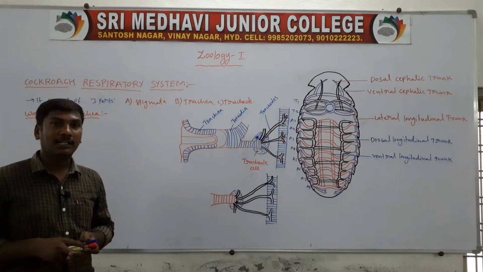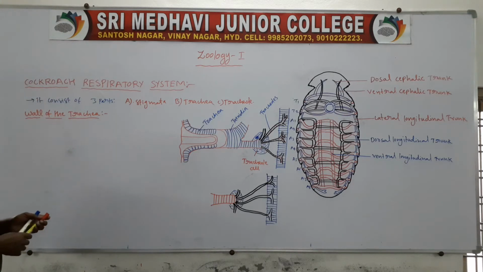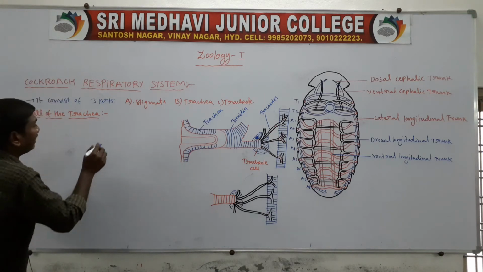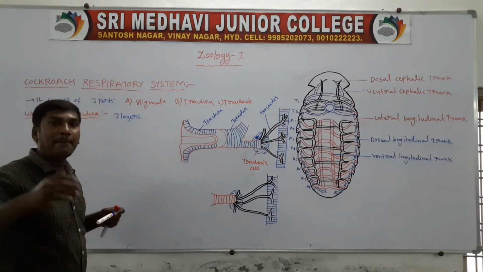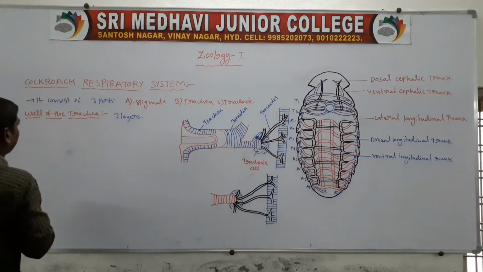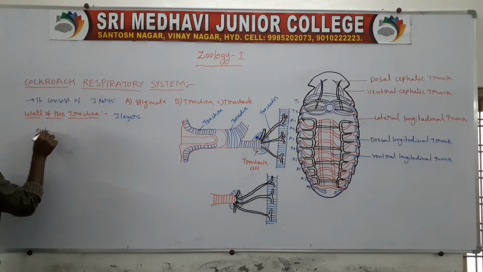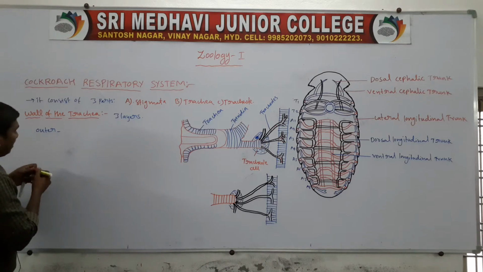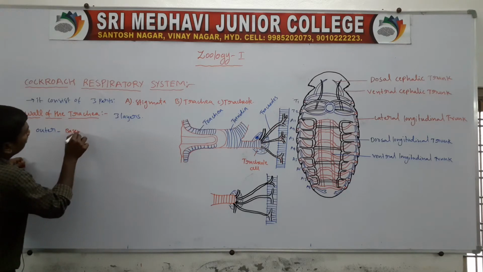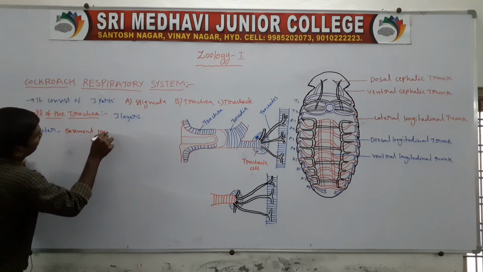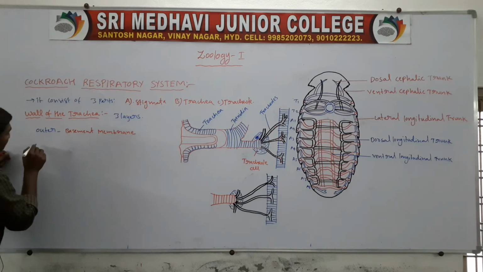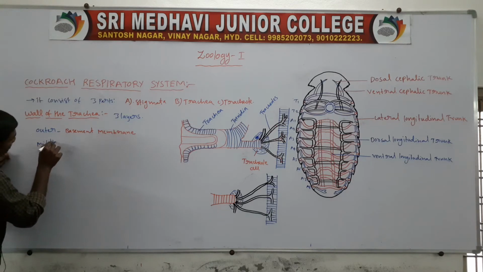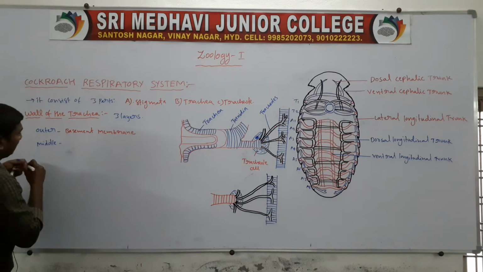The wall of the trachea in the cockroach contains mainly three layers. First, the outer basement membrane. Second, the middle epithelium.